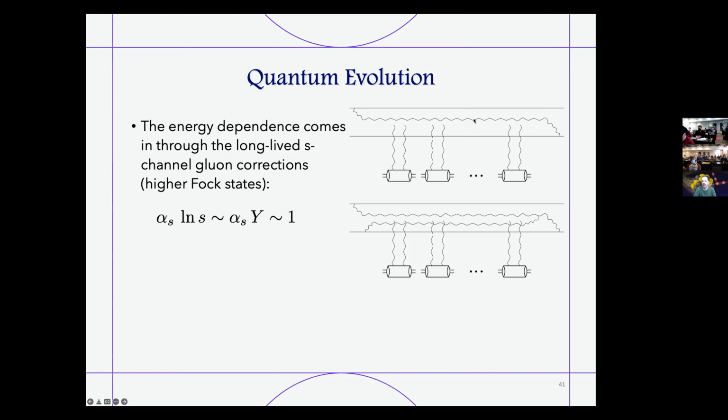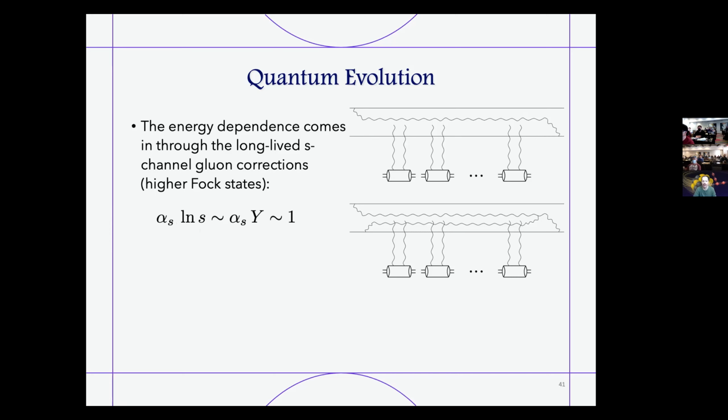It turns out that the longitudinal momentum integral gives you a log of energy, a log of 1 over x, or an equivalent factor of rapidity. So yes, indeed, extra gluon emissions are suppressed by powers of alpha_s, but they're enhanced by logs of energy.